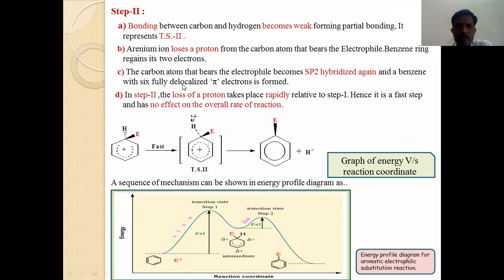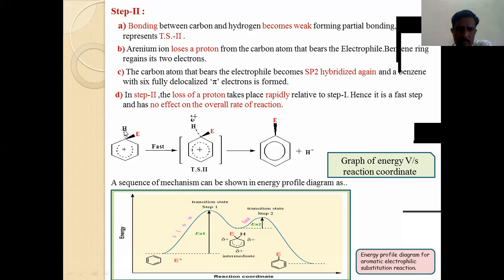Now I'm shifting to the second step. In the second step, there is the formation of different transition states, and lastly, on elimination of one proton, all the carbons become sp2 hybridized with the electrophile. Friends, just see here, the bonding between carbon and hydrogen is also here.